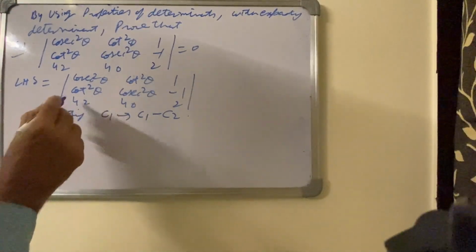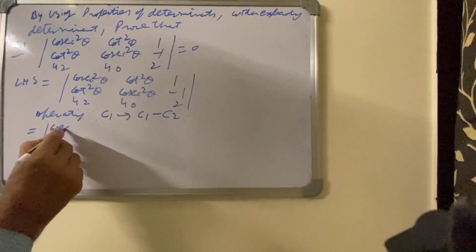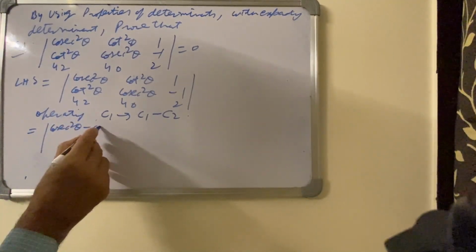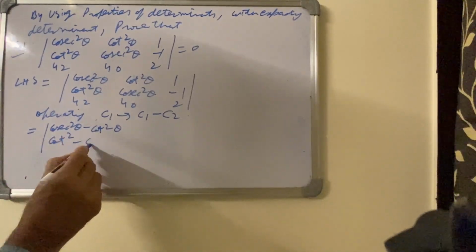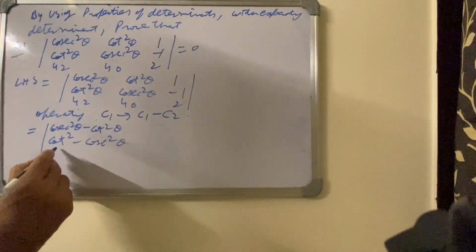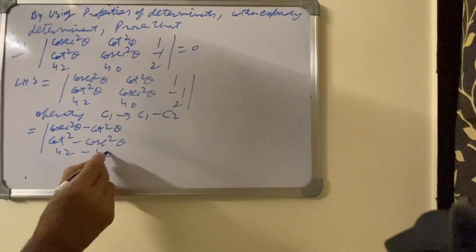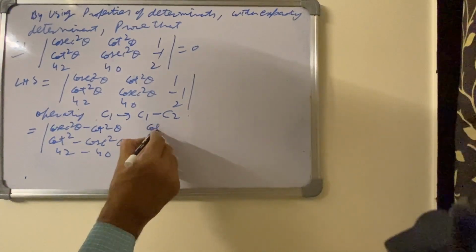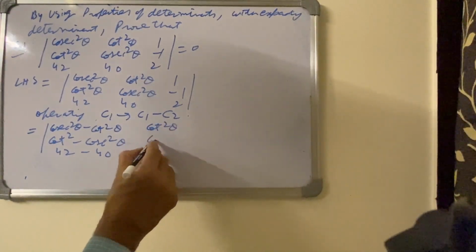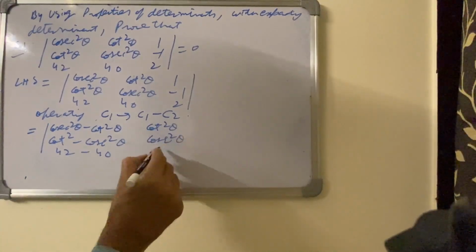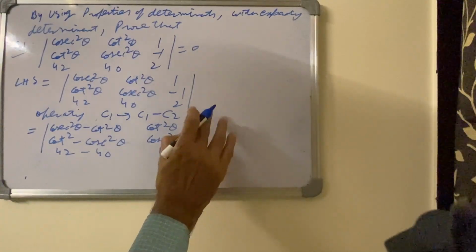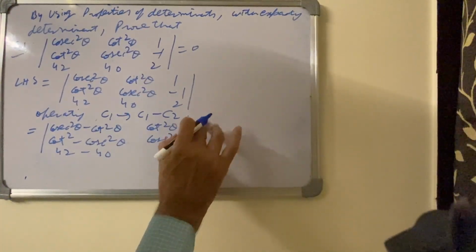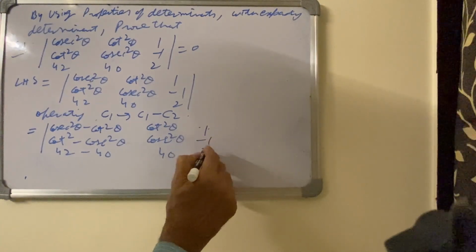So we get cosecant square theta minus cot square theta, minus cosecant square theta, 4, 2 minus 4, then cot square theta, cosecant square theta, 4, 1 minus 1, 2.